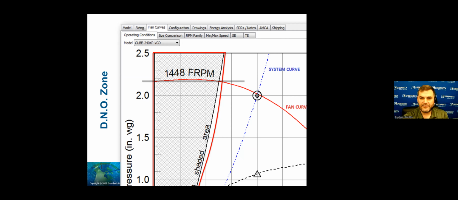But I also cross the fan curve at 700 CFM. So I got these two different points of operation. If I actually have 2.18 inches of static pressure, which volume is this fan going to actually move? Is it going to move 100 CFM or is it going to move 700?